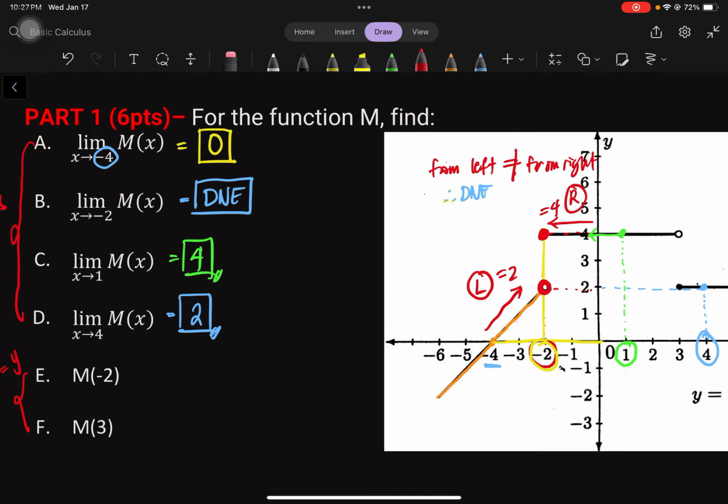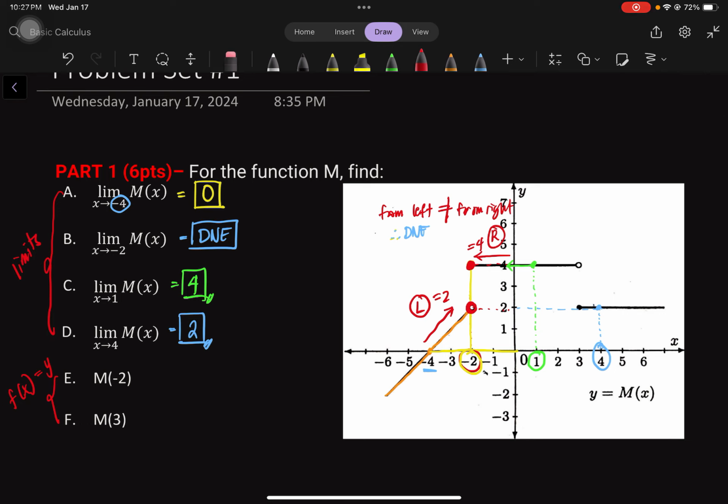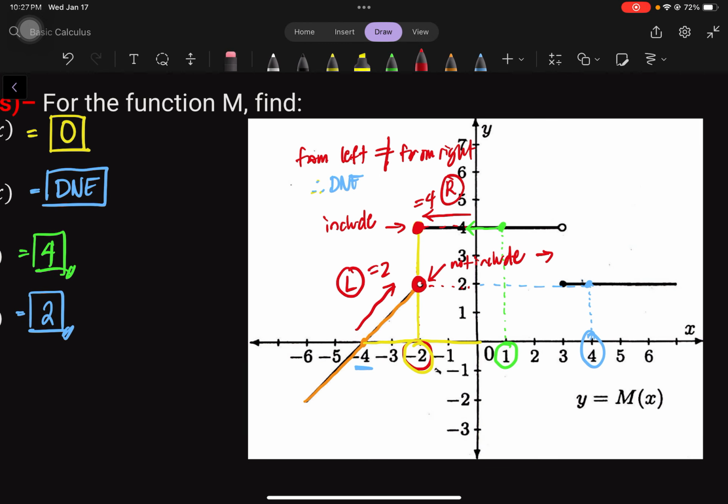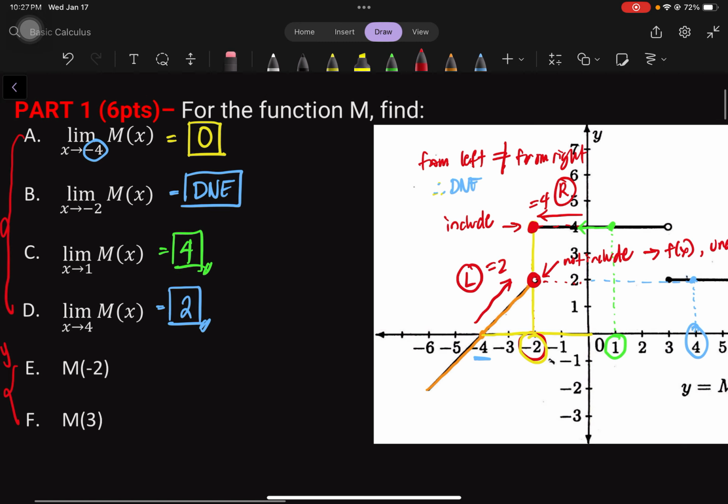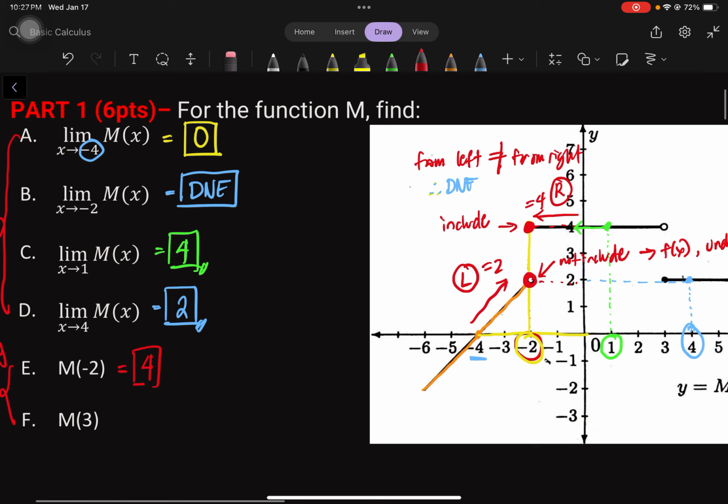However, if you can recall, pag point, ito ay include, di ba? Kasama siya. Pero pag ganito, not include. Ibig sabihin ng not include, yung function natin dyan ay undefined. Therefore, para makuha natin yung value niya, ang pinakamakukuha natin dito ay value na equal kay 4.